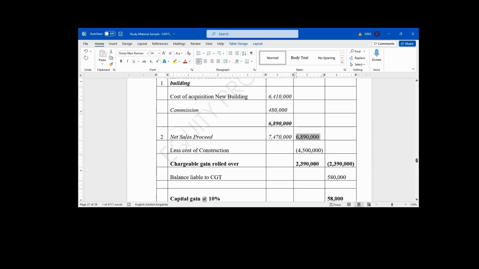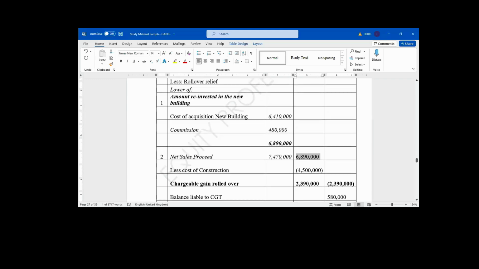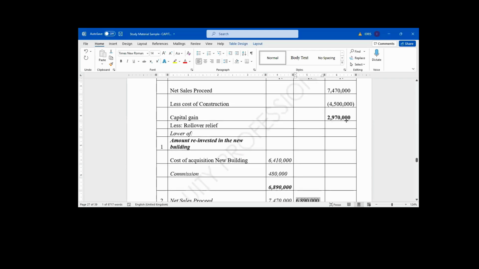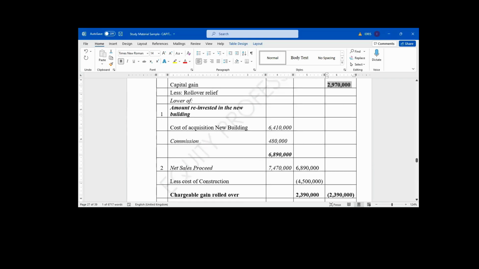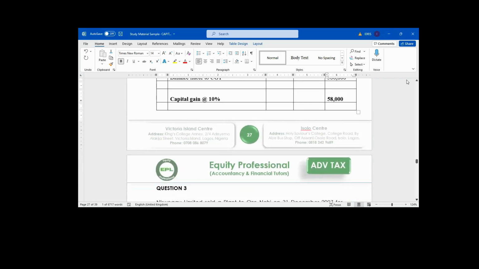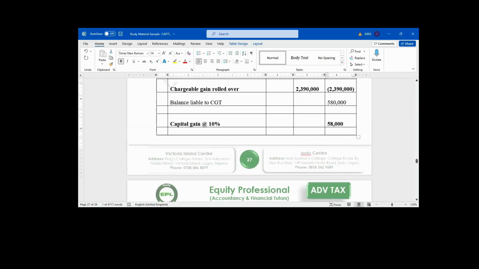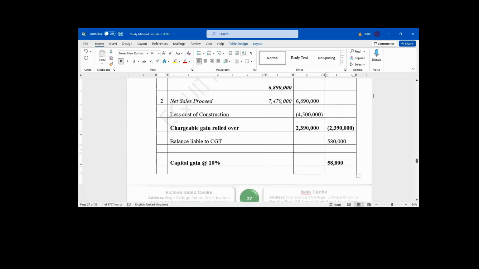This is my rollover amount. I'm going to less it from the capital gain from the sales of the old asset, which is 2,970,000.